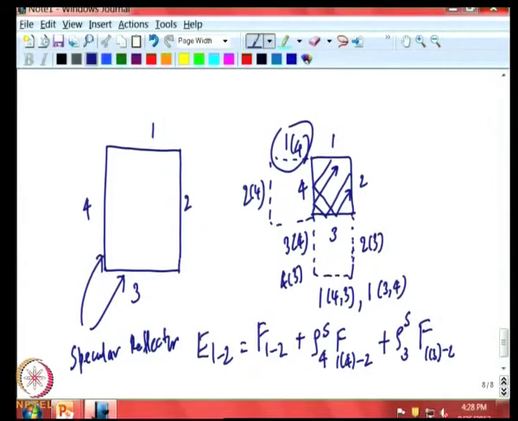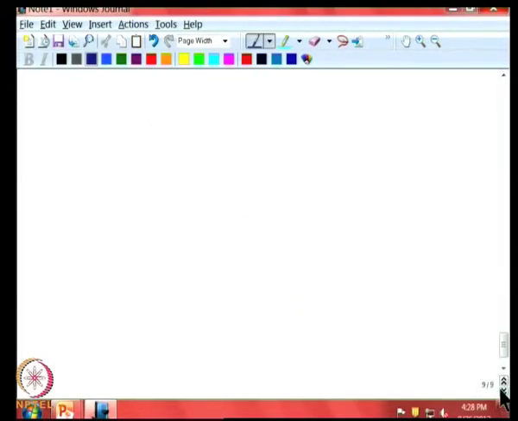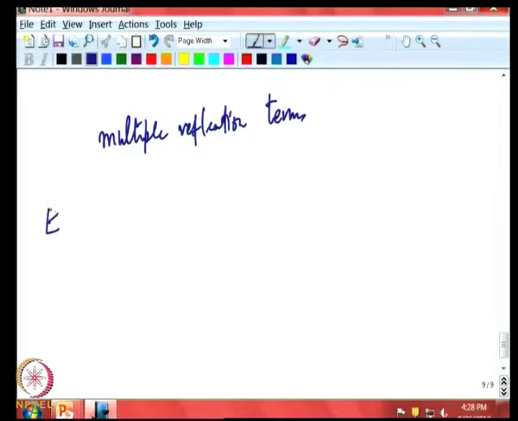Now, you must remember there are multiple reflections involved here, because there are two mirrors. So, you have to account for multiple reflection terms, and that is done as follows. So, let me just rewrite what I wrote in the last slide.